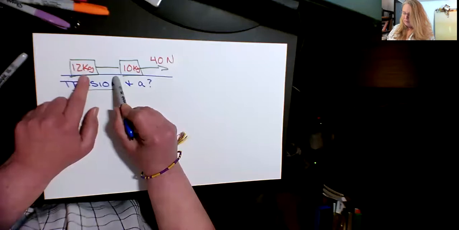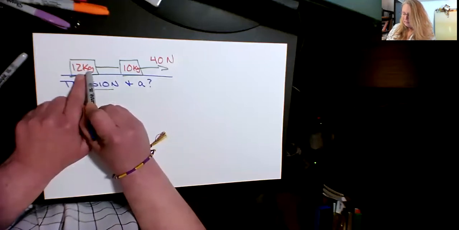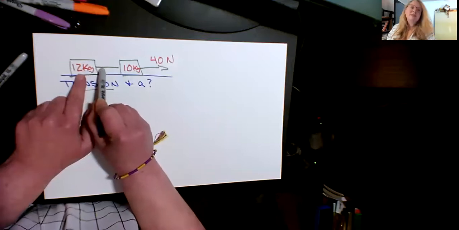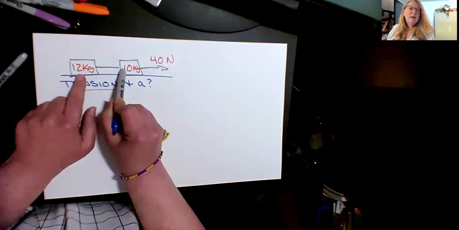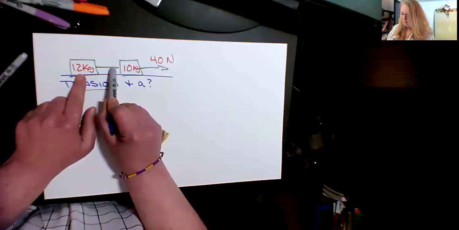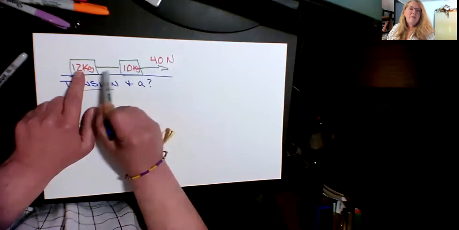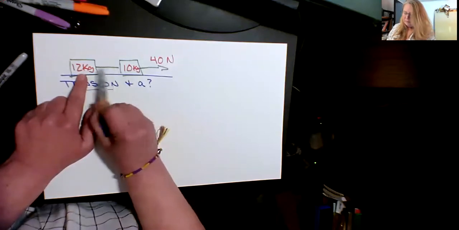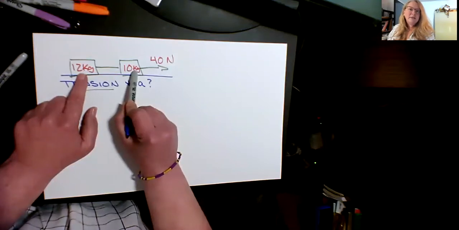If it's accelerating at a faster rate, wouldn't it mean that it is like gaining, starting to close the distance between the two boxes? Now, if it's accelerating at a smaller rate, wouldn't that mean eventually this line would break? So if this thing stays with this line taut, then that means these two things are accelerating at exactly the same rate.